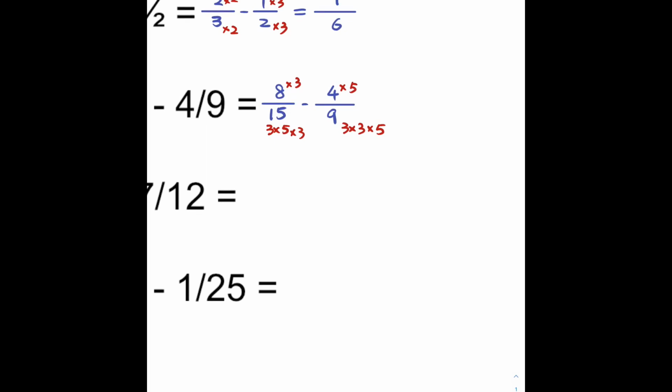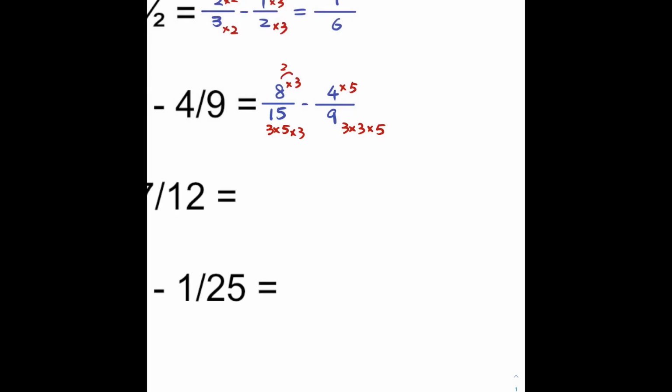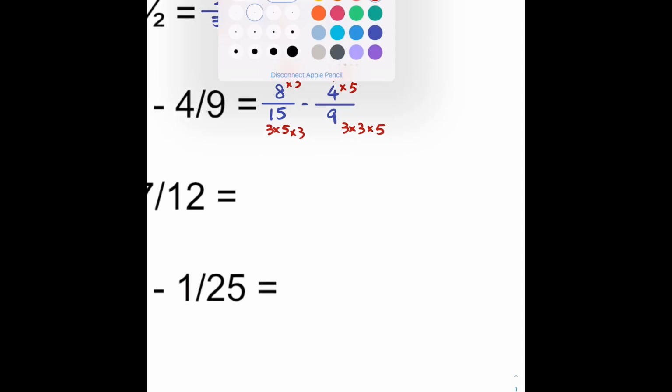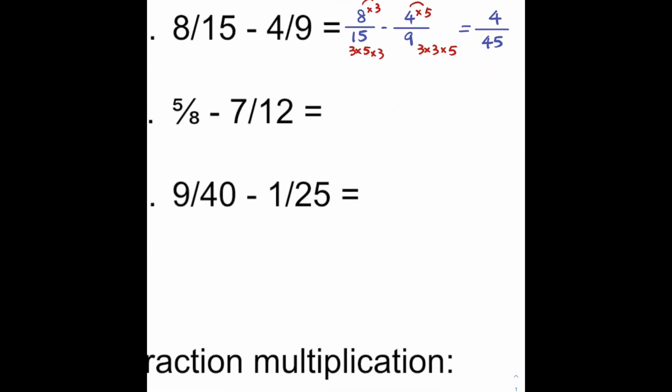And that makes us, okay, first this is 24, this is 20. Now we go back, the bottom becomes 9 times 5, 45, and on top is 4. And that is our answer.